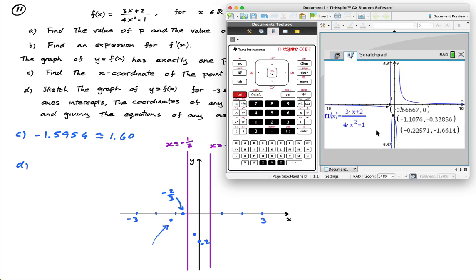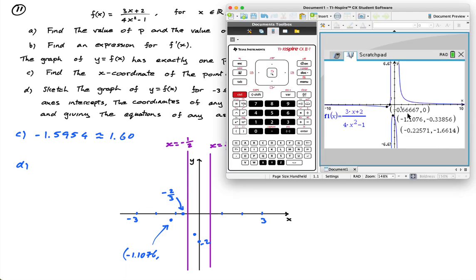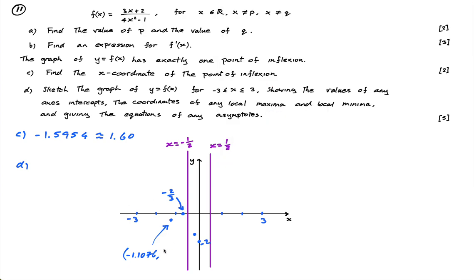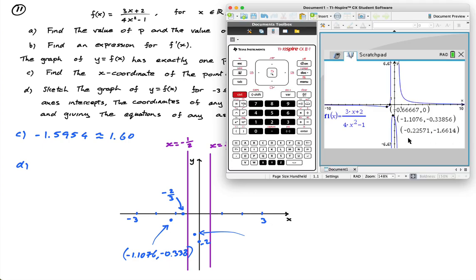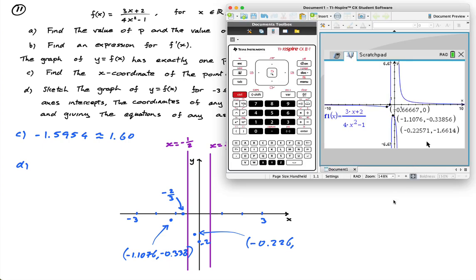Now let me just put in these points. This minimum is -1.1076, -0.338, and then this maximum is -0.226, -1.66.